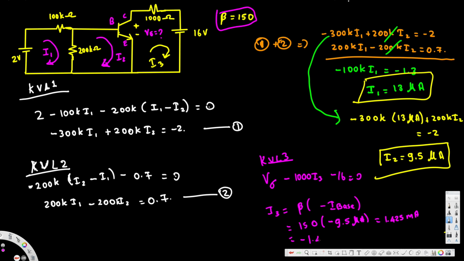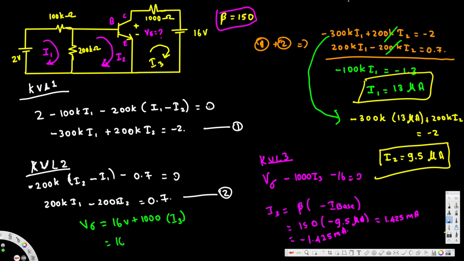And when we simplify this one, this is going to become negative 1.425 milliampere. Now if we solve for V sigma, V sigma is equal to 16 voltage plus 1000 times I3.